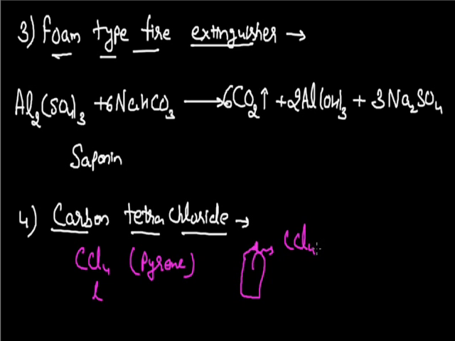Being heavier than air, it covers the combustible material, and it doesn't let oxygen come in contact with this combustible substance, and by this the fire can be put off. So these are the fire extinguishers that we use to put off fire, and this carbon tetrachloride is basically used to put off fires caused by electricity.